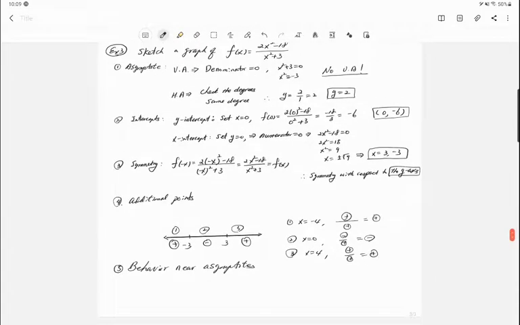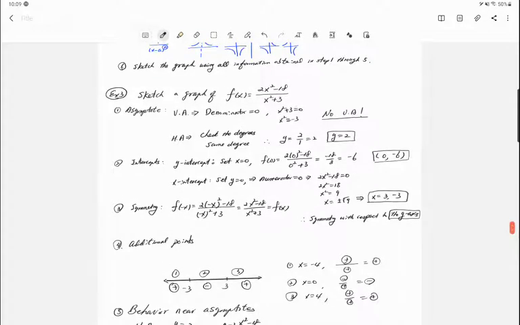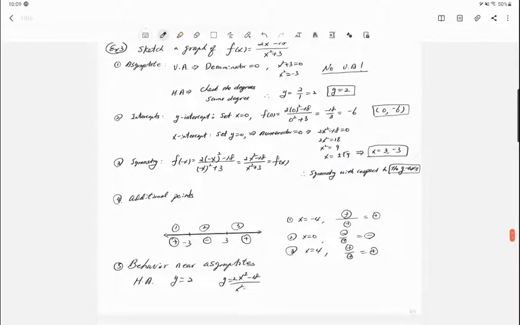So if you rewrite the function, y equals (2x squared minus 18) over (x squared plus 3). If you set y equals 2, then what happens? We just want to check whether there is an x value where the graph crosses y equals 2.